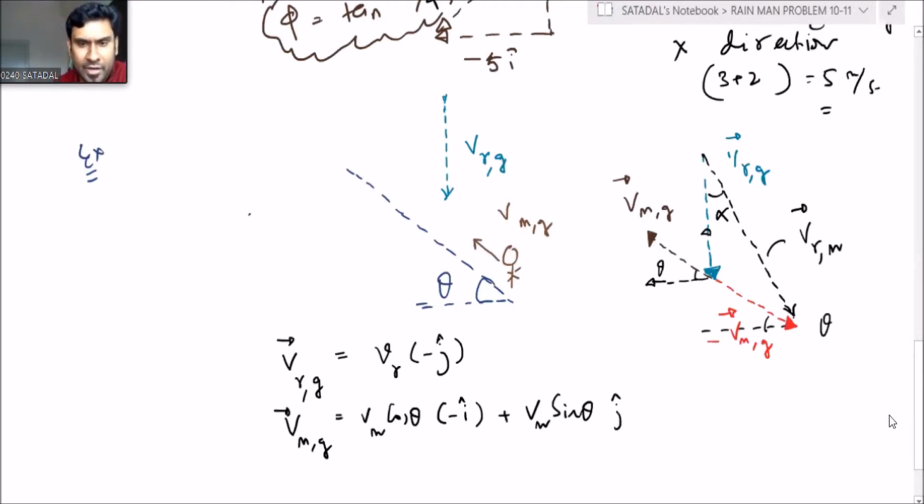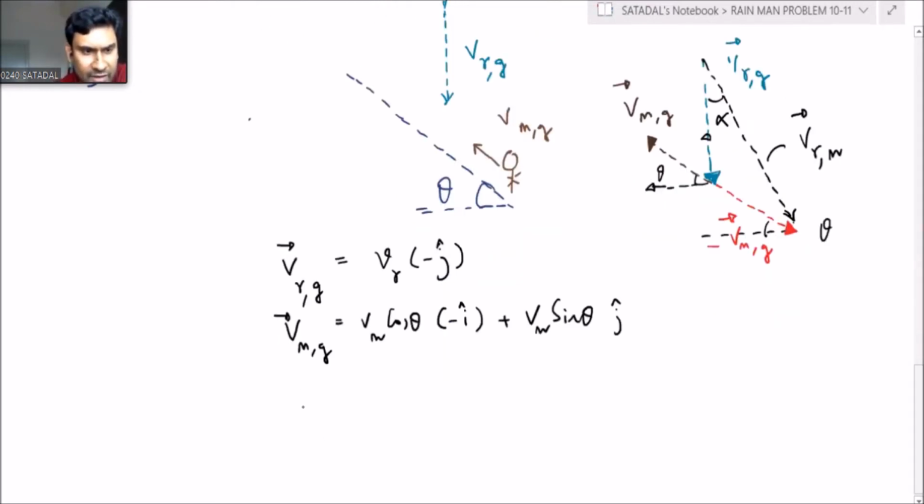Right? We already know that velocity of rain as appearing to the man is equal to velocity of rain with respect to ground minus velocity of man with respect to ground. So if I just make a little bit of rearrangement, you check this minus of minus will make it plus, this cos component will make it plus.